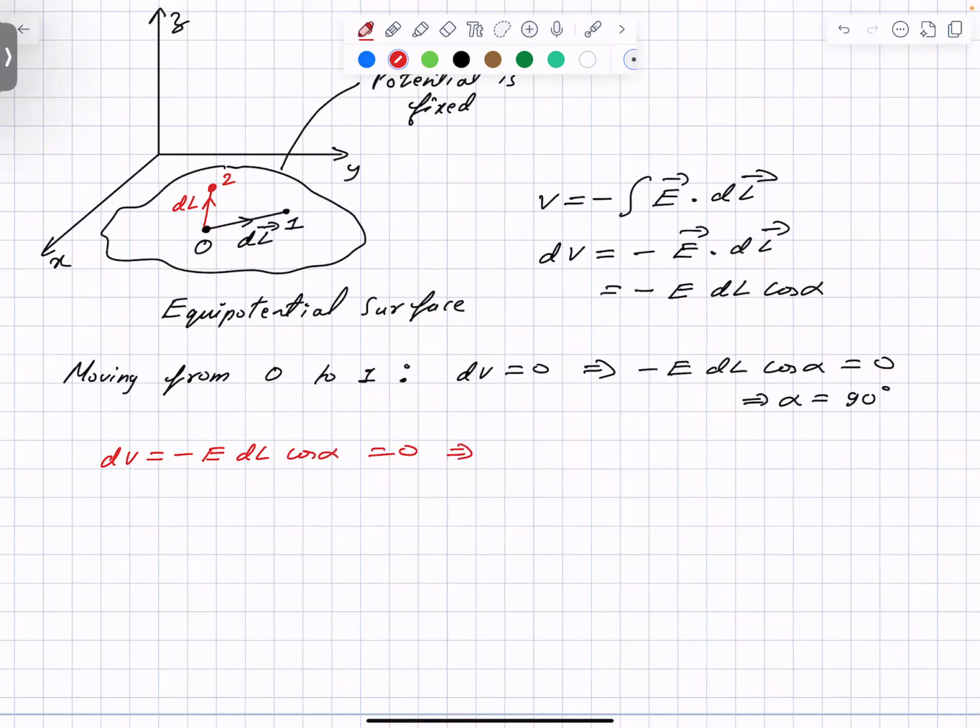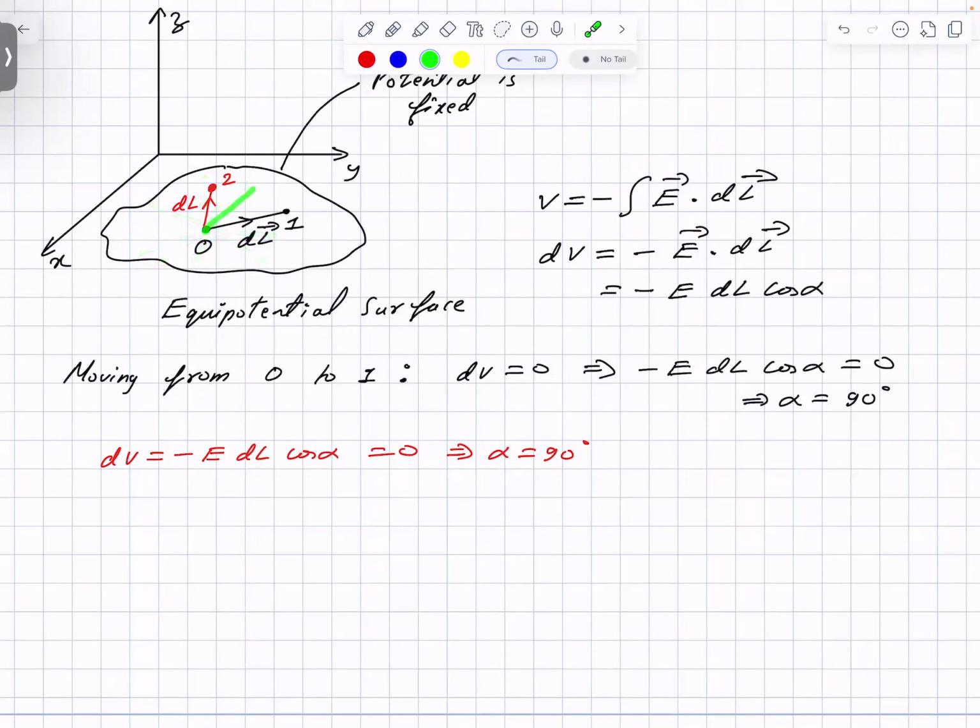So alpha is again 90 degrees. No matter what displacement we choose on this equipotential surface, E will always be at a 90-degree angle with the displacement. Which means that any line we pick on this equipotential surface, the electric field intensity has to be at a 90-degree angle with that line.